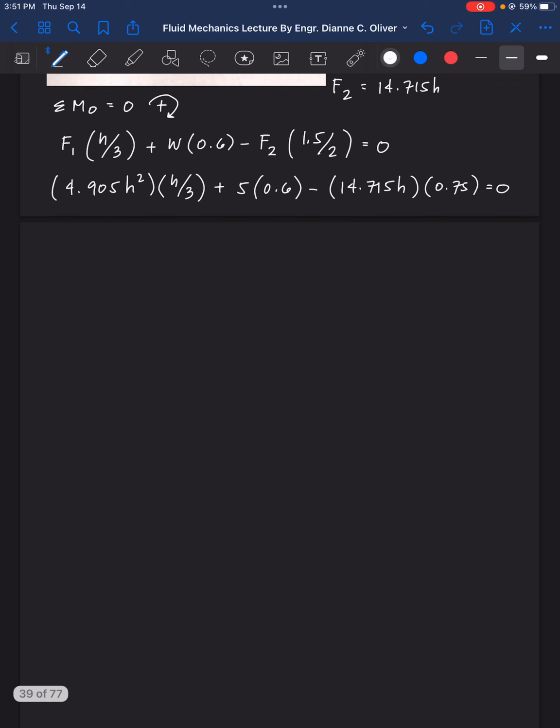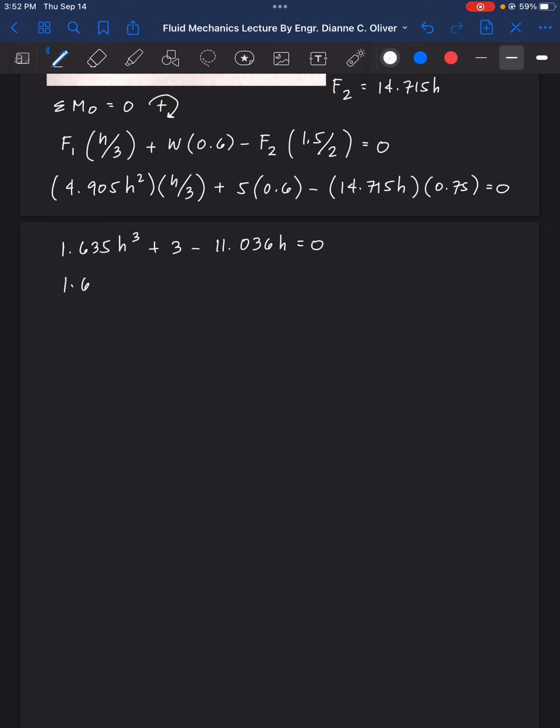Simplifying, 4.905 divided by 3 is 1.635 H cubed, plus 3, minus 14.715 times 0.75, that is 11.036 H, equals 0.